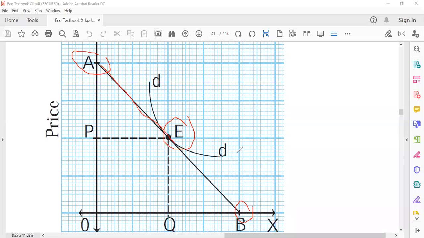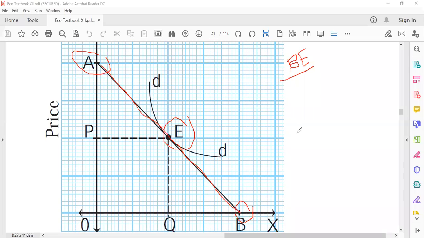Now again we got the 2 segments. The segment above the point E, that's AE, and the segment below the point E, that's BE. Again here we can see that we got 2 segments, upper segment and lower segment.